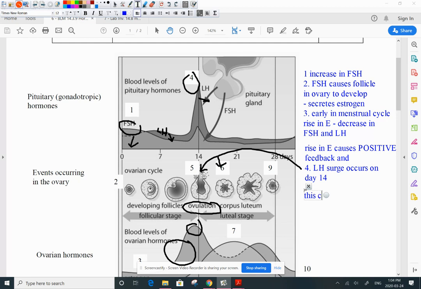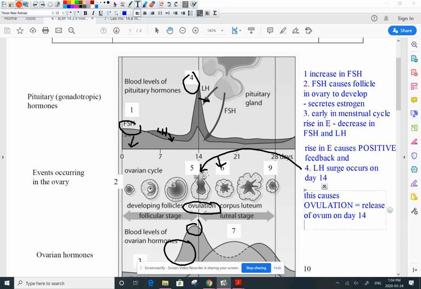And the second thing is happening at the same time. So on day 14, this rise in LH causes ovulation, which is the release of the ovum. The mature follicle has matured and now it's being released on day 14.